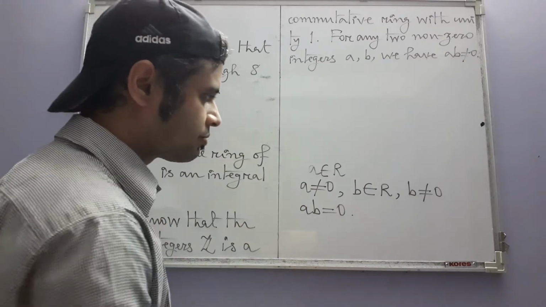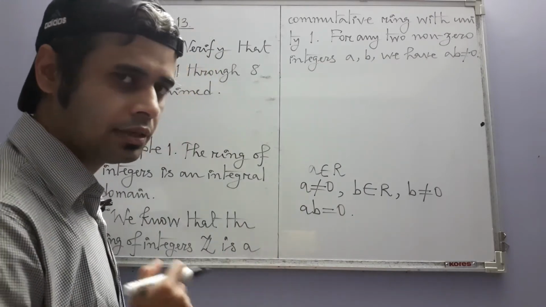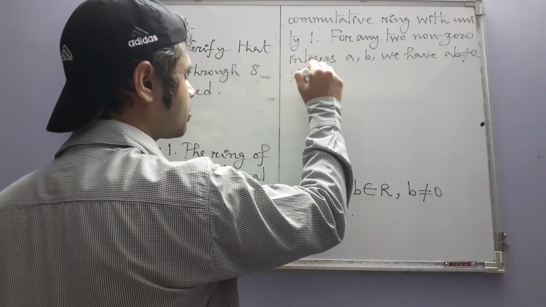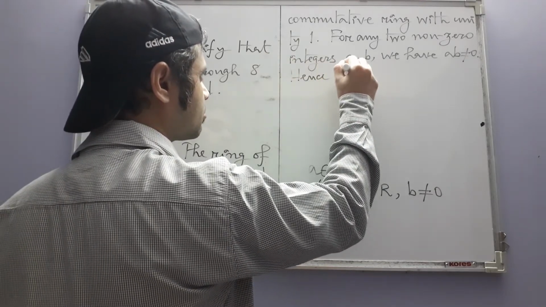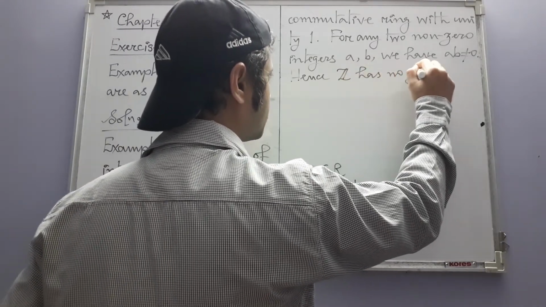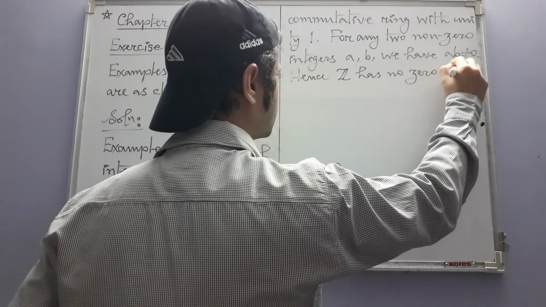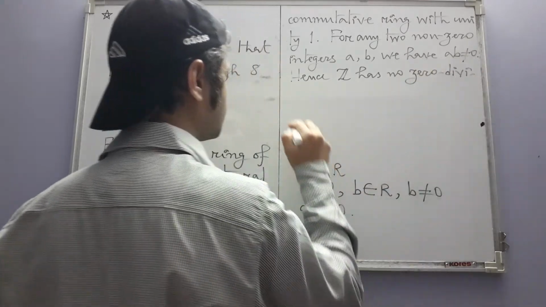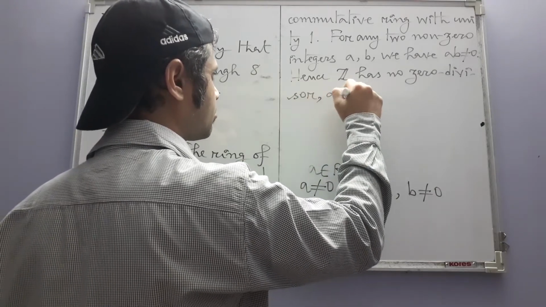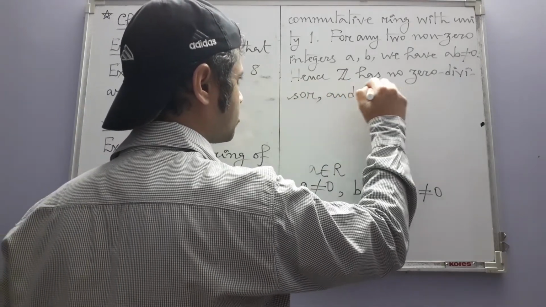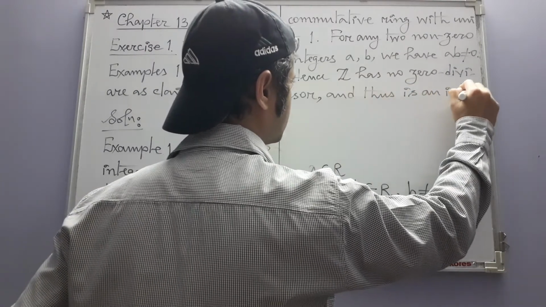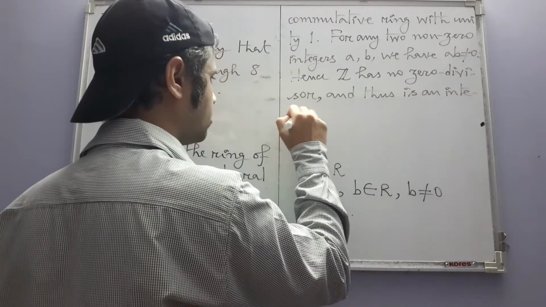You take the product of two non-zero integers, that will again be a non-zero integer. Hence, this has no zero divisor, and thus Z is an integral domain.